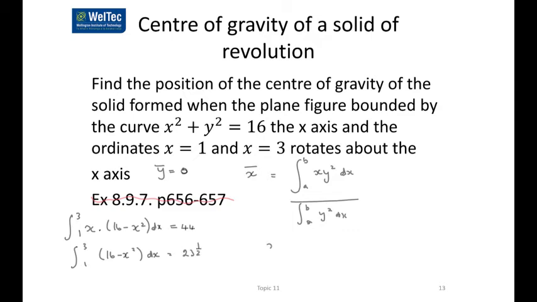So the x coordinate then is going to be 44 over 23.5, which is approximately 1.89. So our centre of gravity is going to be at 1.89, 0.